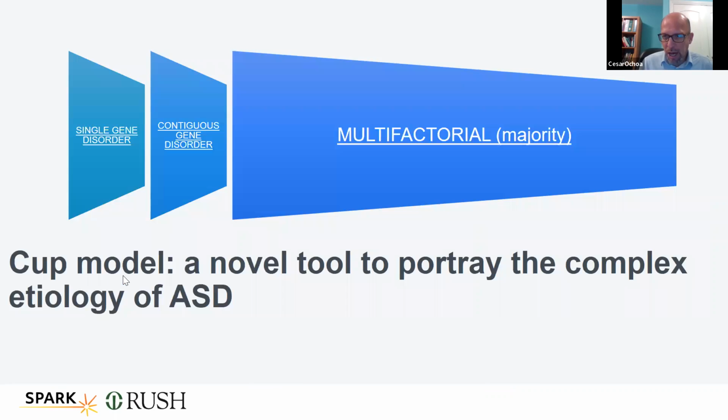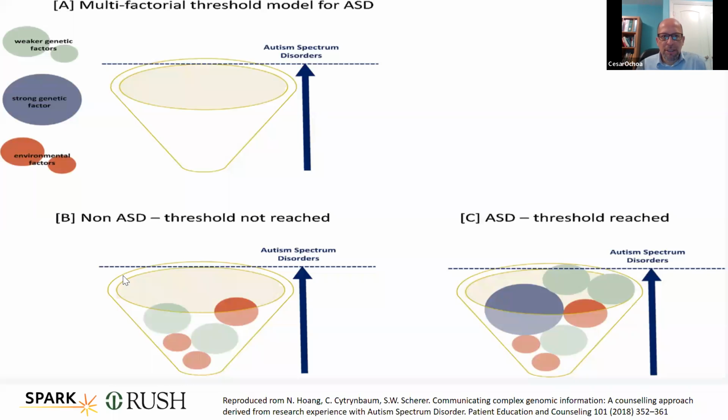So I want to talk now about a very nice model that attempts to explain the complex genetic transmission of autism. I want you to think about this cup, and there are these balls. The green ones illustrate the common variants, the weaker genetic factors.